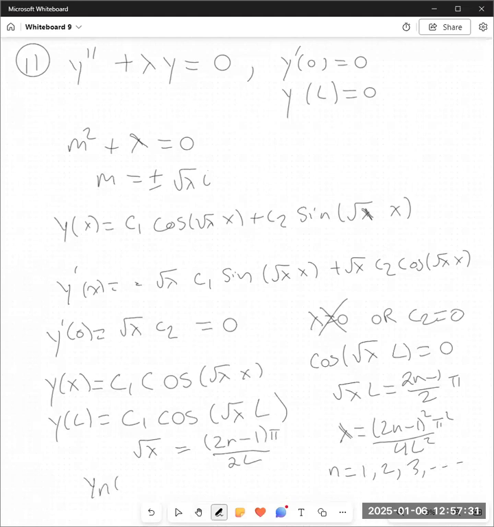That means that my y_n(x) is equal to, letting c1 be 1, cosine of (2n minus 1) pi over 2L x, like that, for my eigenfunction.